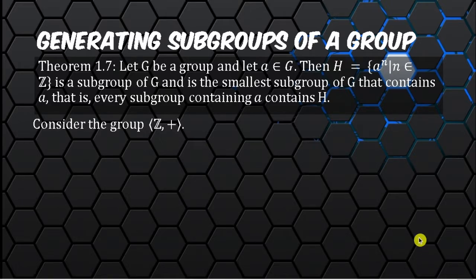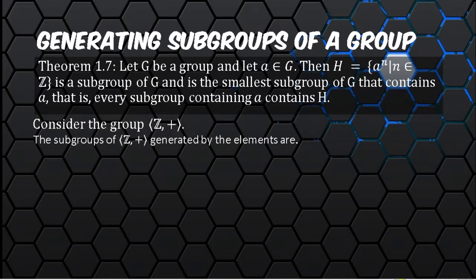This is actually another example. How about groups involving infinite sets? Halimbawa, the very usual group. The set here is the set of integers and the operation is the usual addition. How are we going to generate the subgroups? It's actually the same.